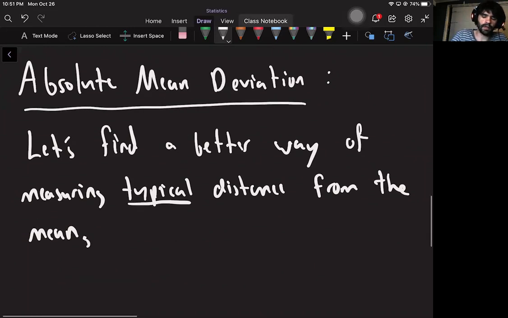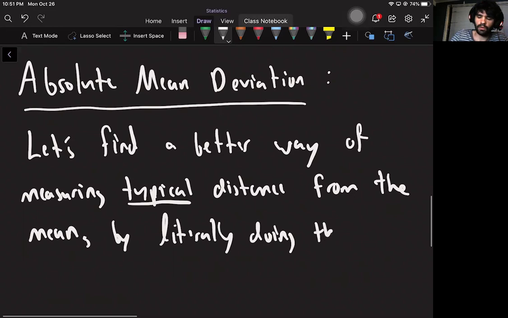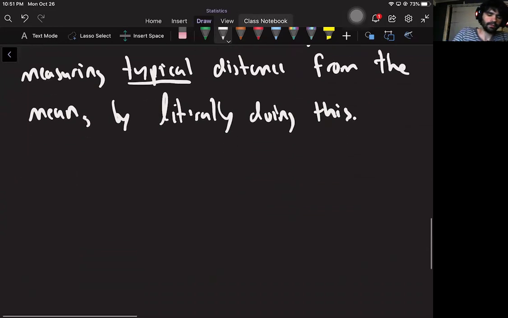And the way we're going to do it is by literally doing this. So it'll make more sense with an example. That's just always how it works. So let's do a nice little example here. We're going to start off small.